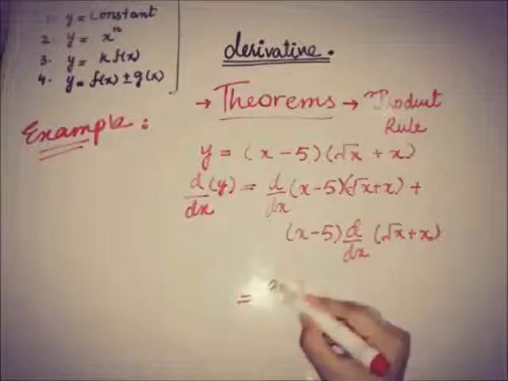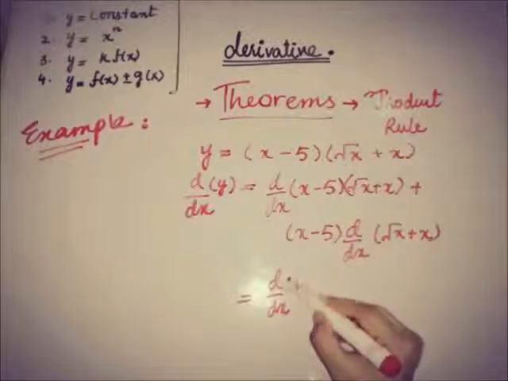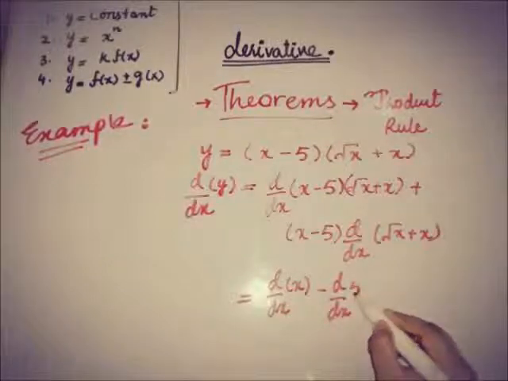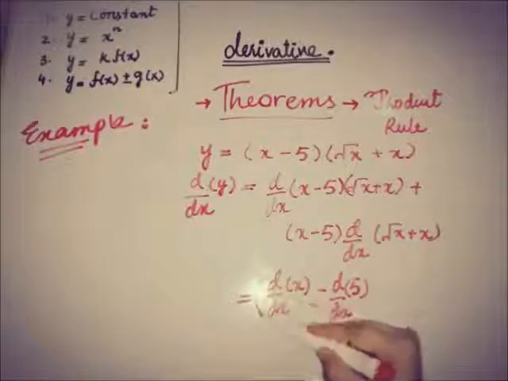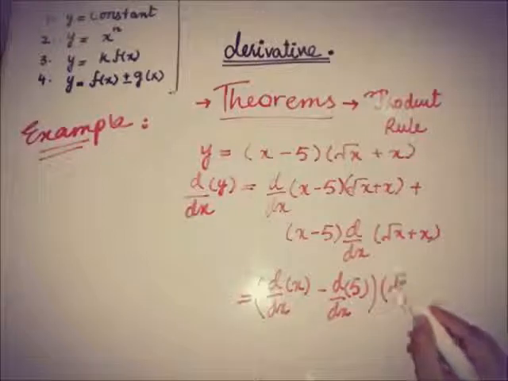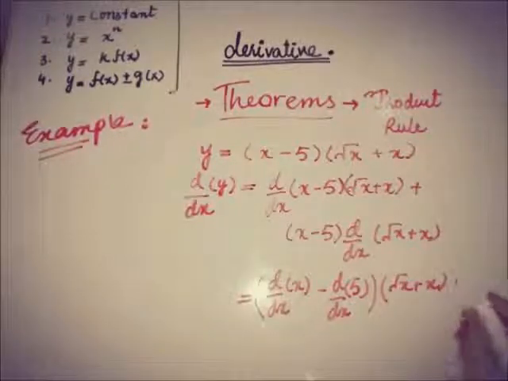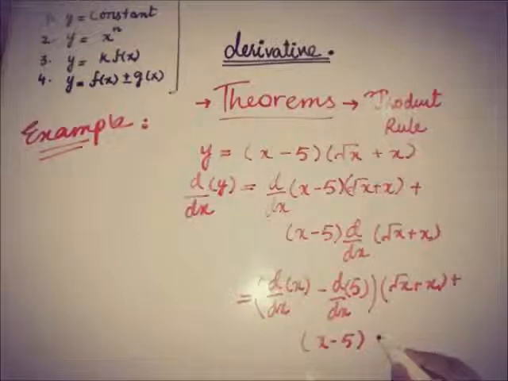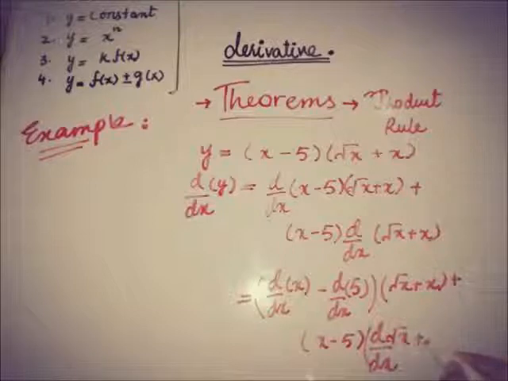So d by dx of x minus d by dx of 5, and square root of x plus x as it is, plus x minus 5 times d by dx of square root of x plus d by dx of x.